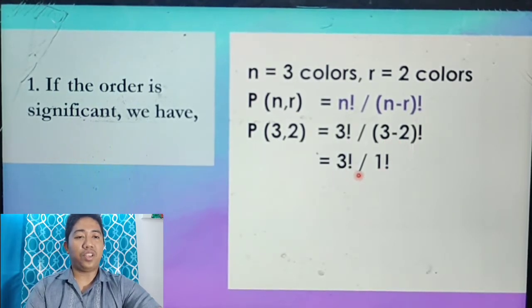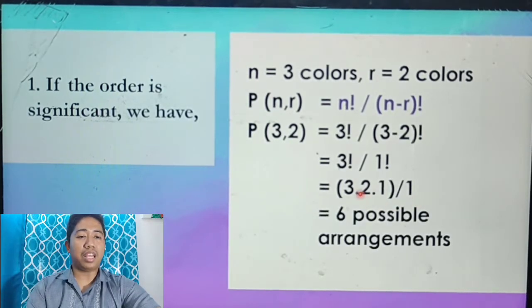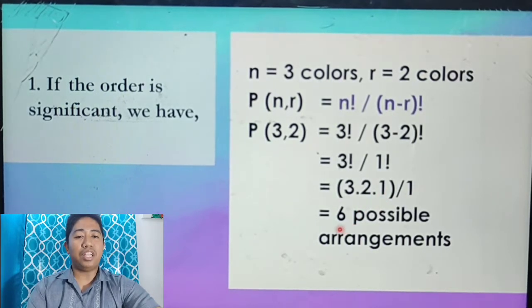So we have 3 factorial divided by 1 factorial. Then simplify by the factorial values: 3 factorial is 3 times 2 times 1, and 1 factorial is equal to 1. So 3 times 2 times 1 is 6, divided by 1, still 6. So there are 6 possible arrangements of 2 primary colors.